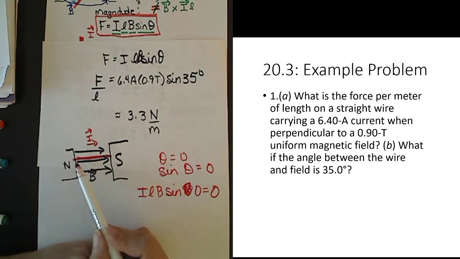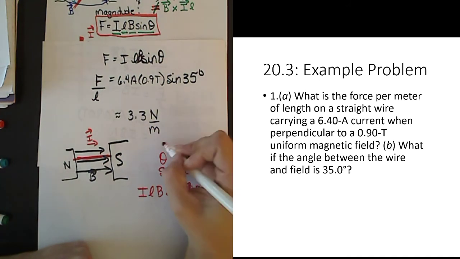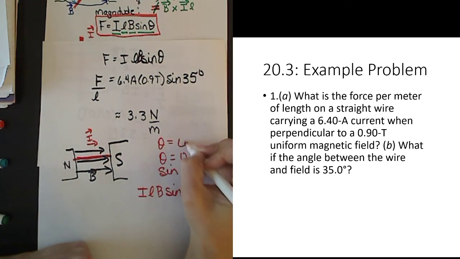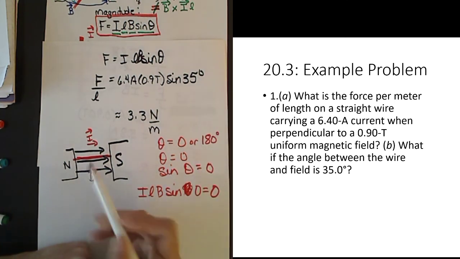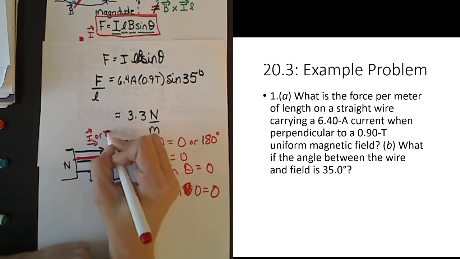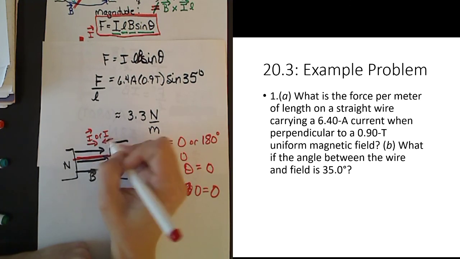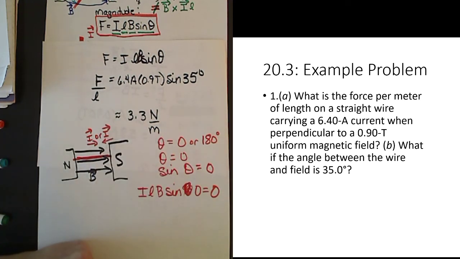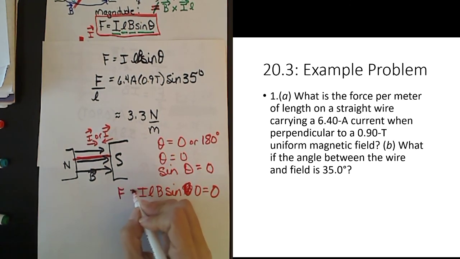So if our current is parallel or anti-parallel, so if theta is 0 or 180 degrees from the direction of our current, so if I is parallel or anti-parallel to the direction of the magnetic field, then our force on the wire is 0.